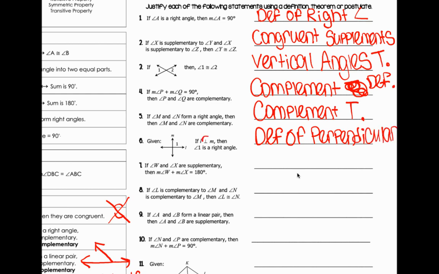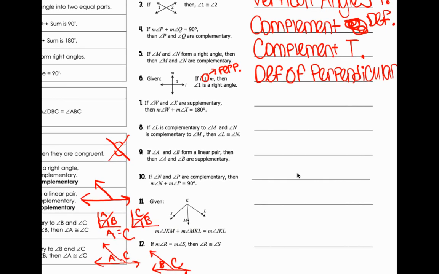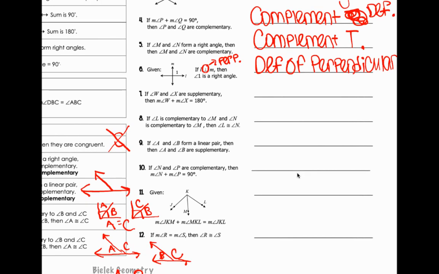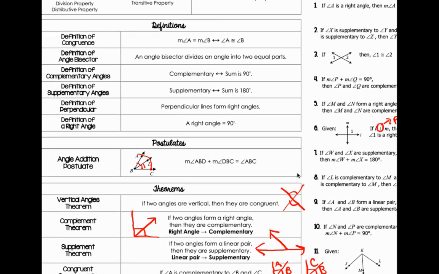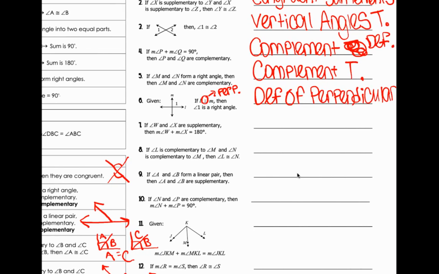Remember this symbol here, that means perpendicular. Okay, if W and X are supplementary, then their sum is equal to 180. So that's going to be our definition, supplementary angles.